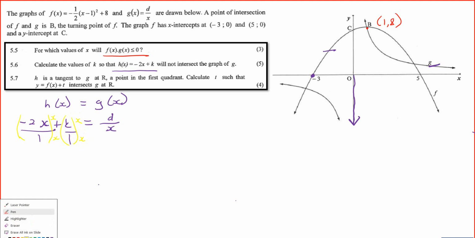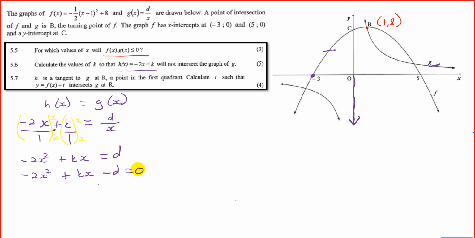And then we're going to carry on working. That will give us minus 2x squared plus kx is actually equal to d. And we're going to take everything on one side, which is minus 2x squared plus kx minus d is equal to 0.